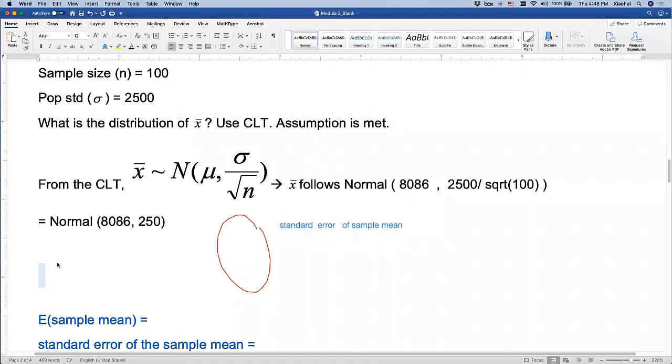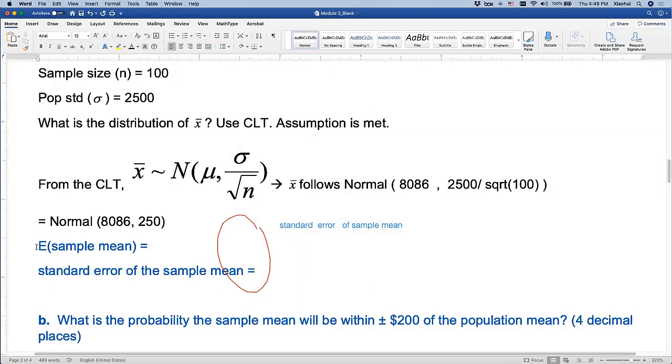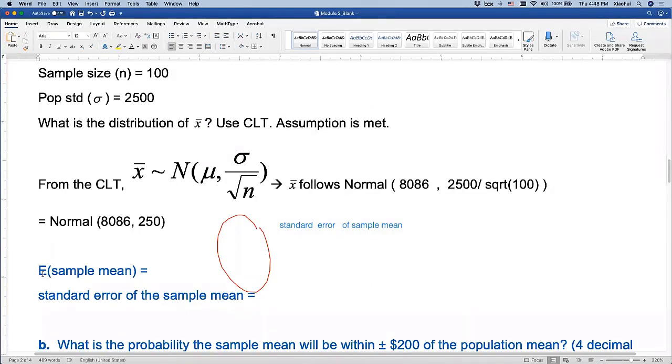I think the question asks you to fill in the blanks, so let's take a look. The first one asks you E. Here E represents expectation. It's a different way of writing it. E represents expectation, which tells you where on average you think your sample mean is going to be.